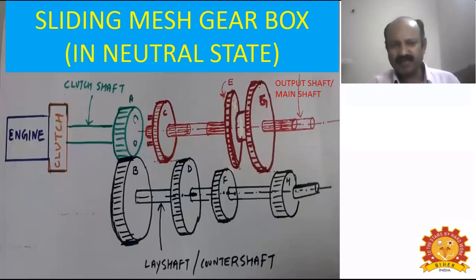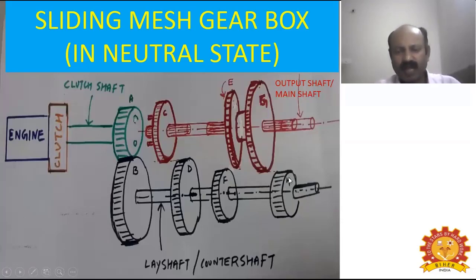As I already told, in this example when the engine is running at 4000, gear A is running at 4000, gear B is running at 2000, and the lay shaft and all the gears on it are running at 2000 RPM.